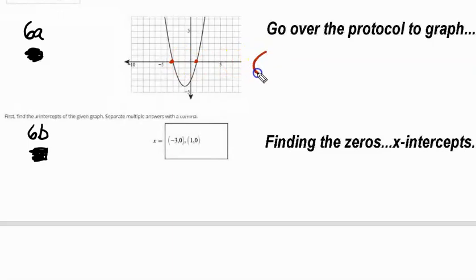As we look at that, this would be a negative 3 comma 0, and this one would be a 1 comma 0. And that's what would go in this answer box here.